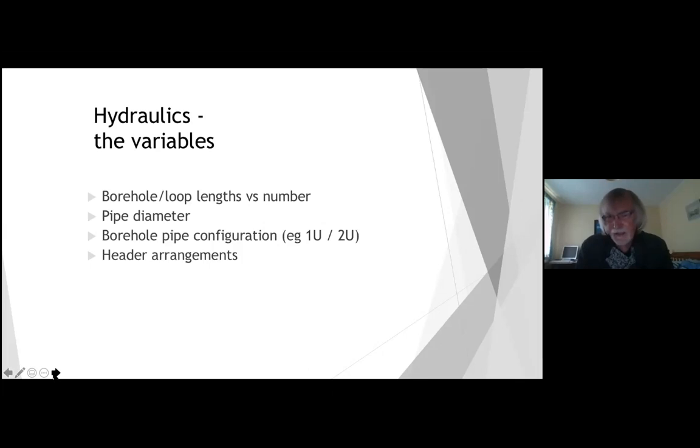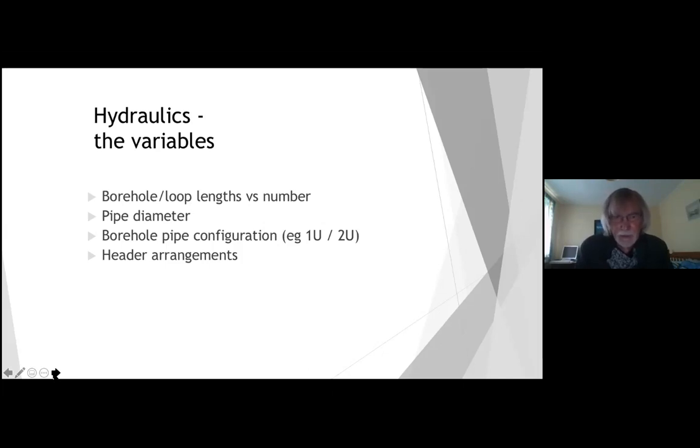So the lengths versus the number. So you might have come up, for example, with just a very small system, 100 meter borehole. But from a thermal point of view, that could equally be 2 50 meter boreholes or 4 25 meter boreholes.